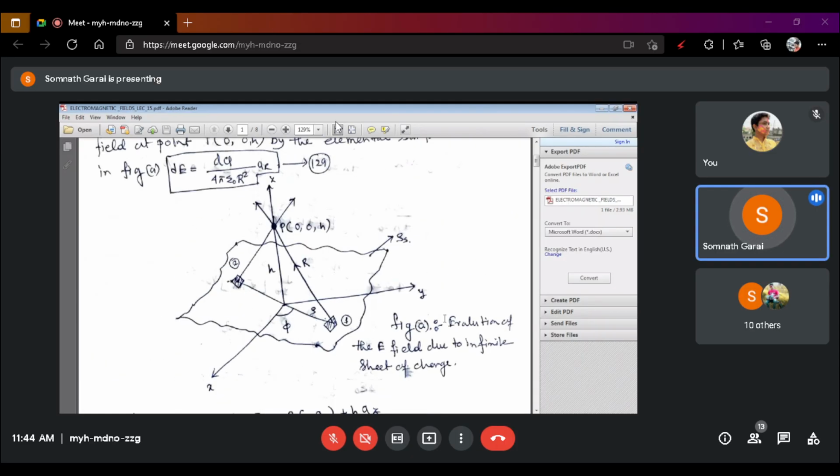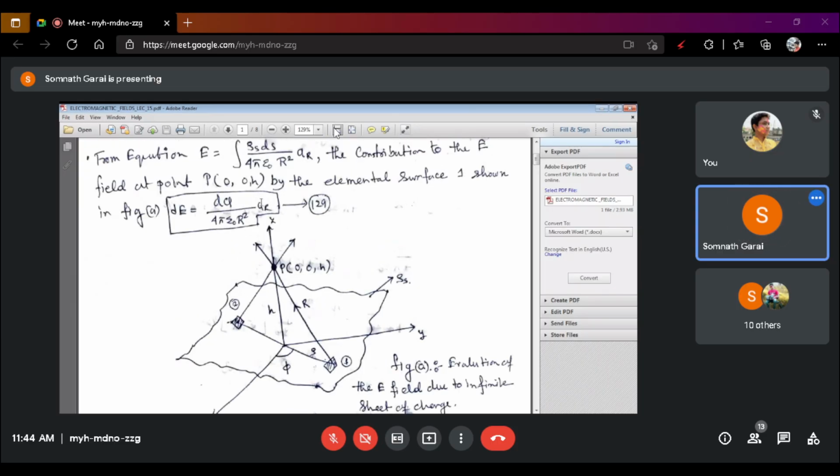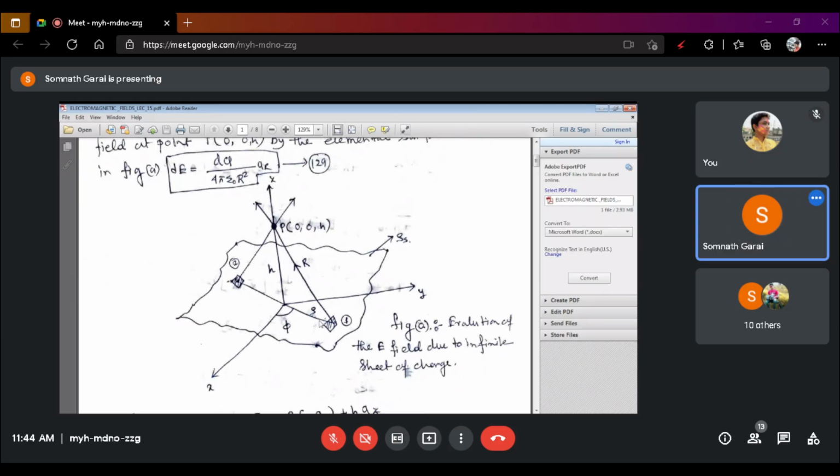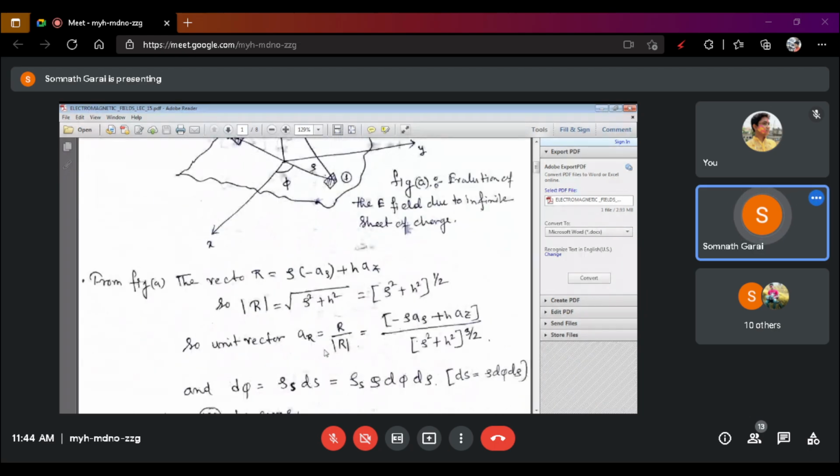Now we calculate the unit vector of this r. So we know that ar is equal to capital R vector divided by r. Capital R will be minus rho arrow plus h az divided by mod r. The mod r value is rho square plus h square to the power half.